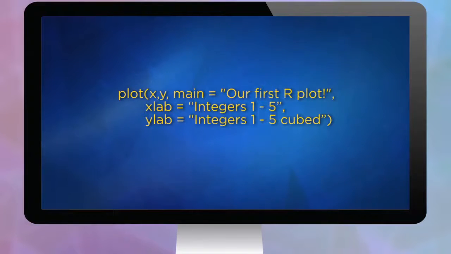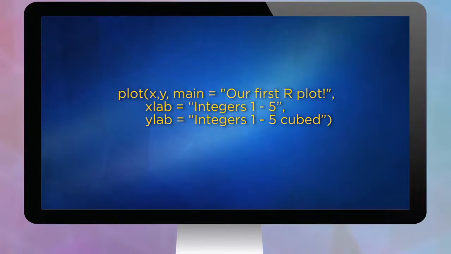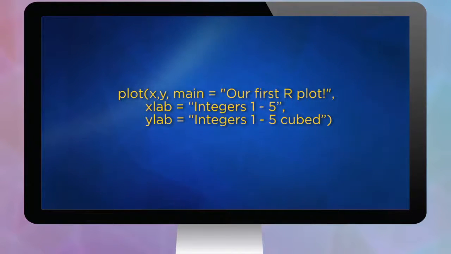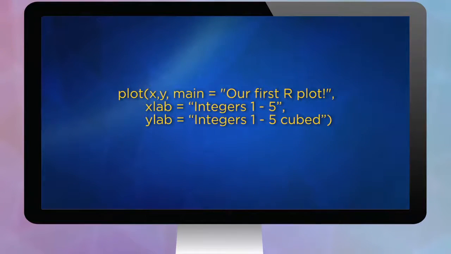Next, we want to label our x and y axes. And we do this with the command xlab, short for x label, equals "integers from 1 to 5", also in quotation marks. If we label the y-axis, ylab, we can label that as "integers from 1 to 5 cubed". And make sure you close that parenthesis, otherwise you're going to get an error.